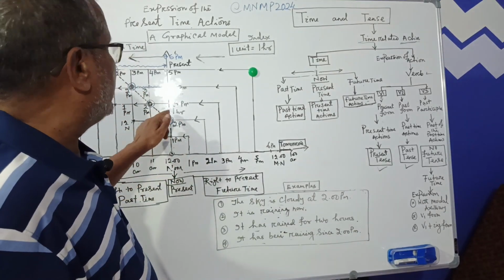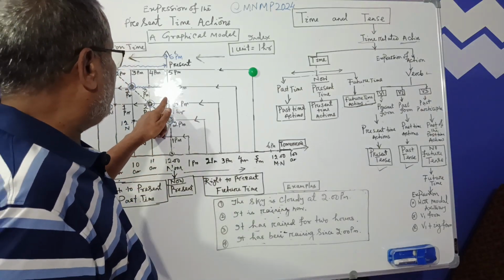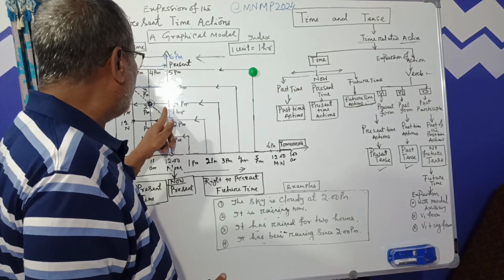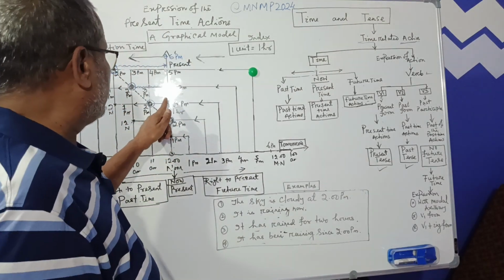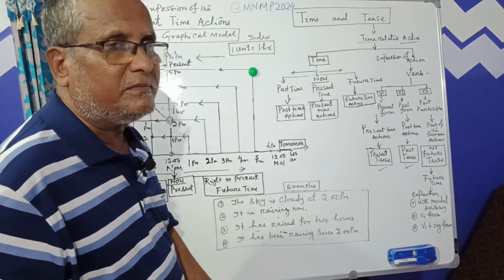The action is continuing, so it is raining, continuing along this path, along the y-axis. The arrow mark indicates the direction of the continuing action.